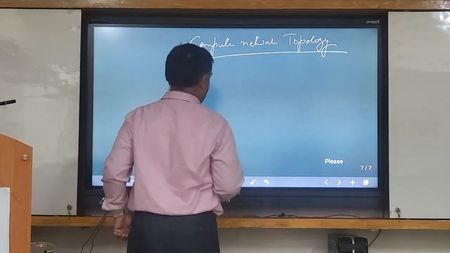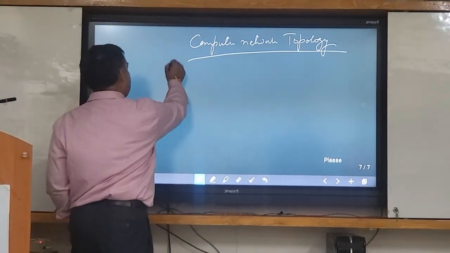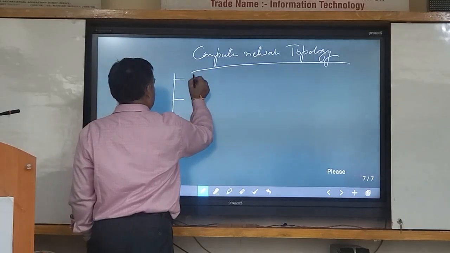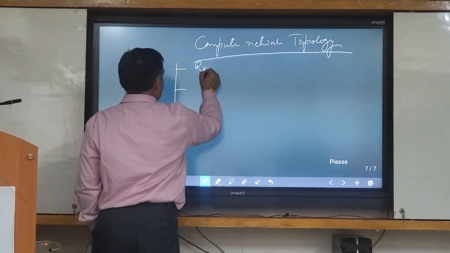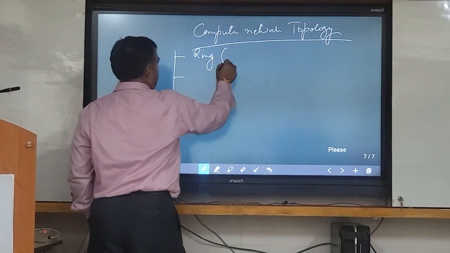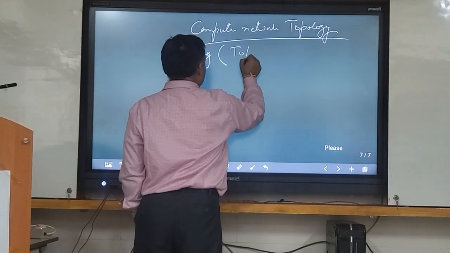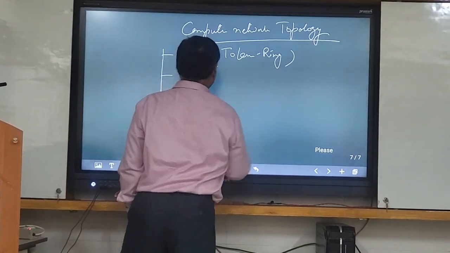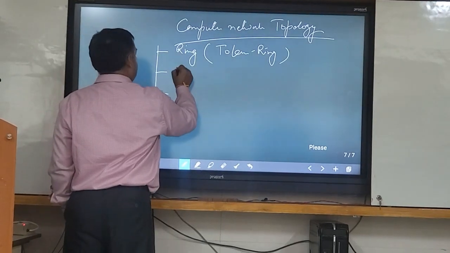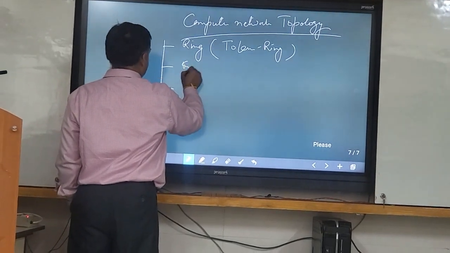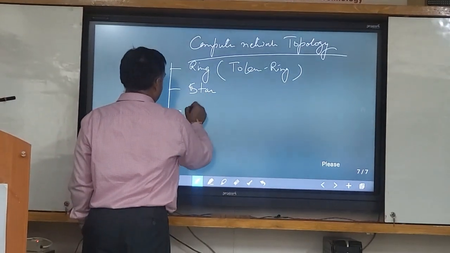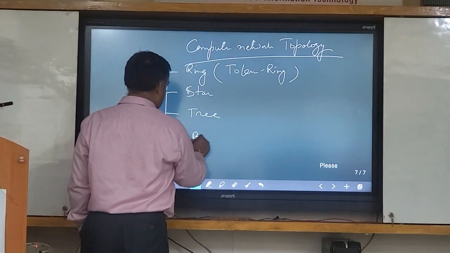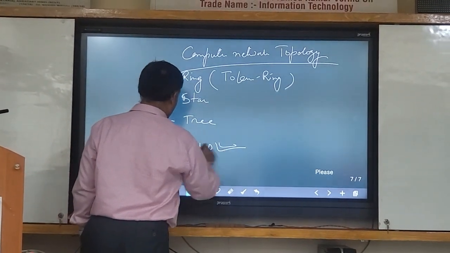Now, in computer network topology, we have ring topology, which is also called token ring. The word token is very important over here. Then we have the star topology, then the tree type of topology, then the bus topology, again a very important one.